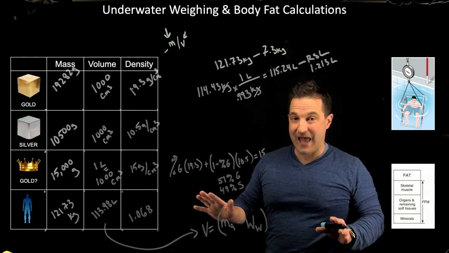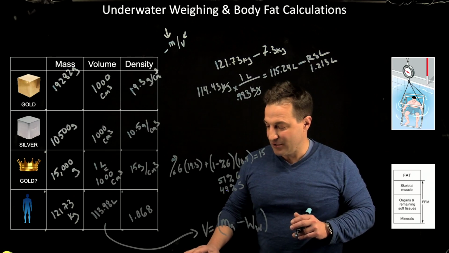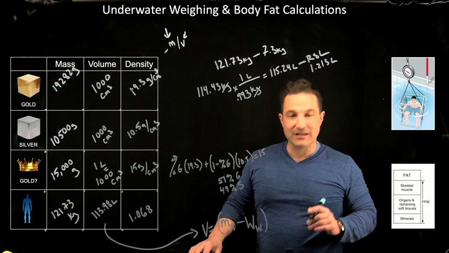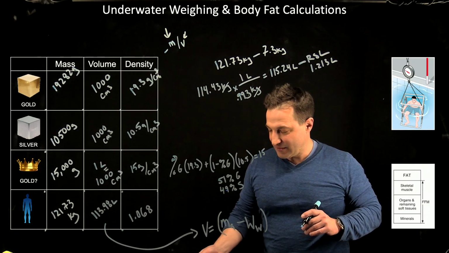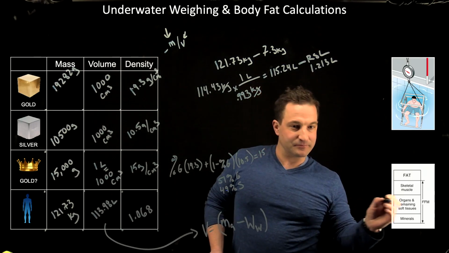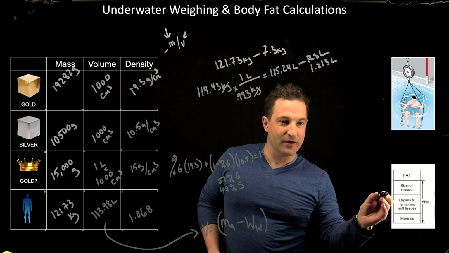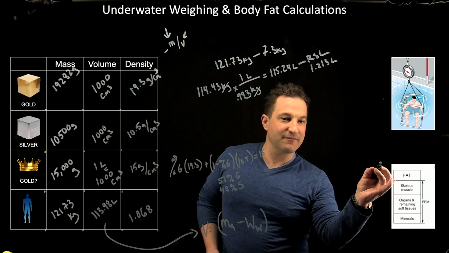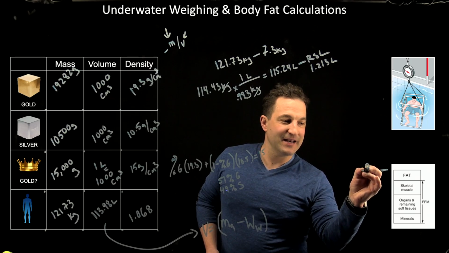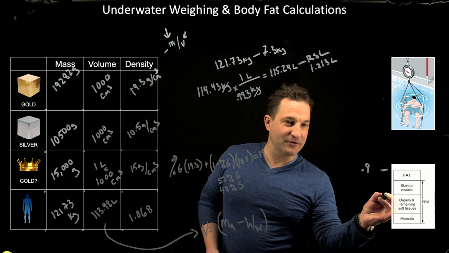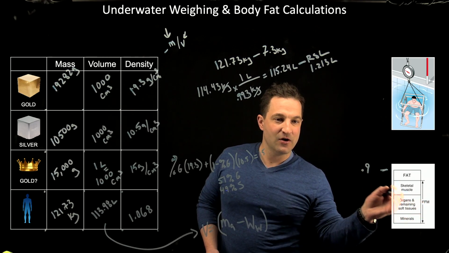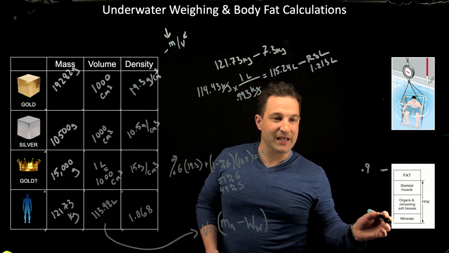Now, we don't have to do exactly the same thing, but Dr. Siri, back in the 1950s and 60s, came up with an equation that can help us out. All we need to do is determine our body fat percentage. It rests on this right over here, a two-compartment method, where we say fat is going to have a density of about 0.9, and everything else is going to be considered FFM, fat-free mass: skeletal muscle, organs, remaining soft tissues, and minerals.